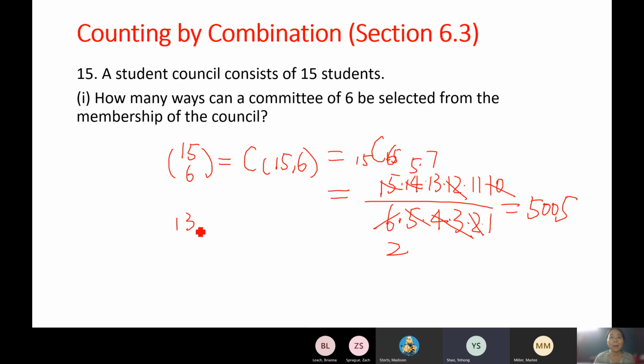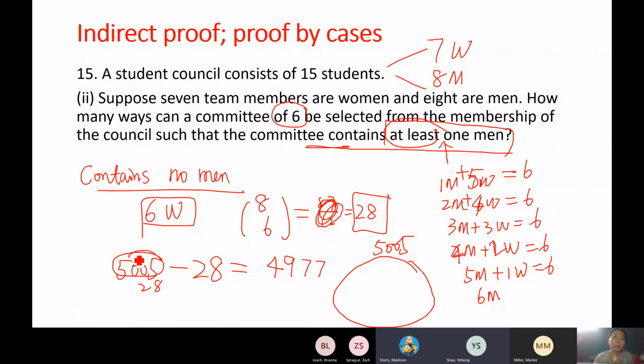I don't have my answer sheet. If you multiply this out, whatever that is, well, anyway, so this number, I don't know. You double check with your calculator, see what this number is. Might not be correct, but whatever that is. Right. What is that? Yeah, that was right. That was right? Okay. So anyway, there are 5,005 ways.